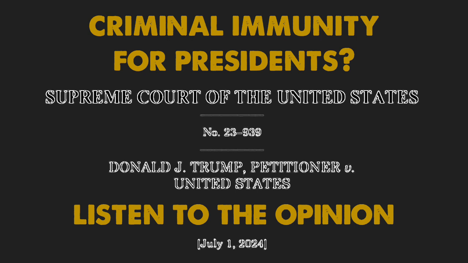Many of the remaining allegations, for instance, cover at great length events arising out of communications that Trump and his co-conspirators initiated with state legislators and election officials in Arizona, Georgia, Michigan, Pennsylvania, and Wisconsin regarding those states' certification of electors.